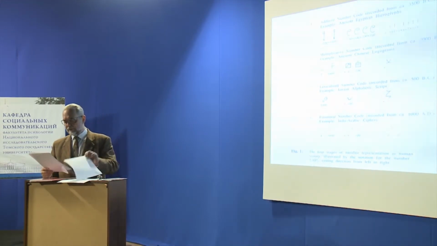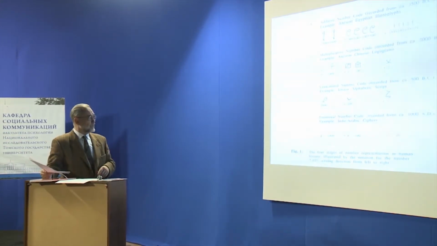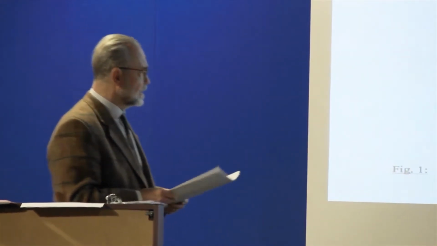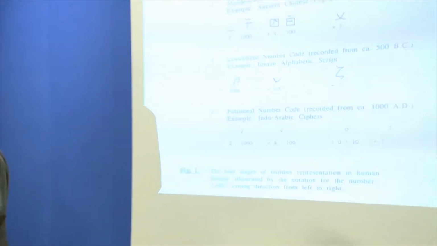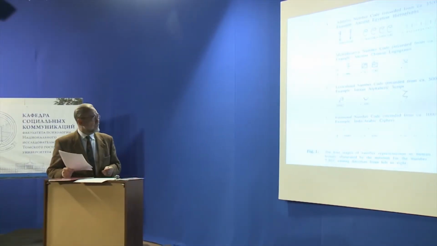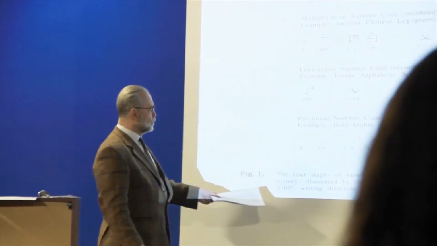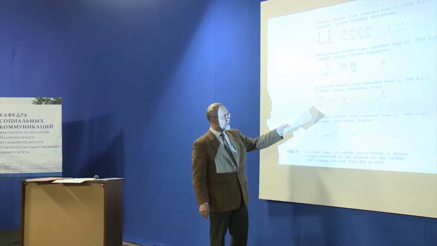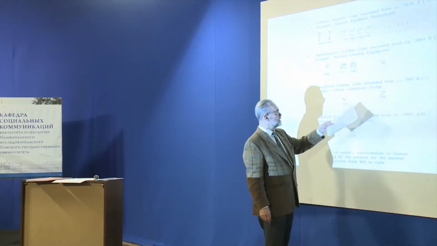And so the next step, one can say, is what I put here under number 3, the so-called Ionian alphabetic script. Ionia is in Little Asia, and it's one of the Greek landscapes. And those Greeks invented a new system for the number representation. In our example of 2407, they would write 2407 as beta, epsilon, and zeta.